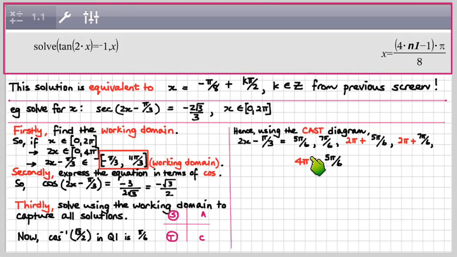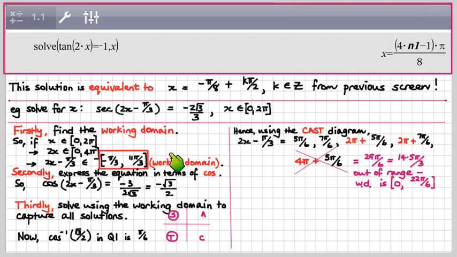Let's have a look here. Yes, because how many pi on 6 is that? It's 29 pi on 6, which is 14.5 pi over 3. And it's out of range because we're only allowed to go to 11 pi on 3. See, 14.5 is more than 11. Okay, are you getting that now?